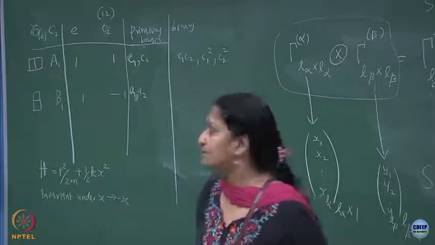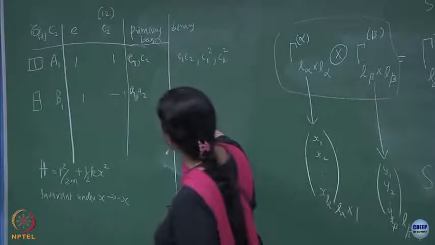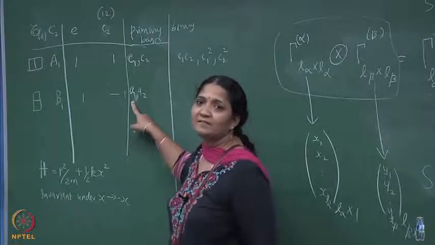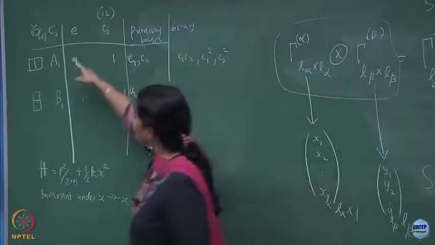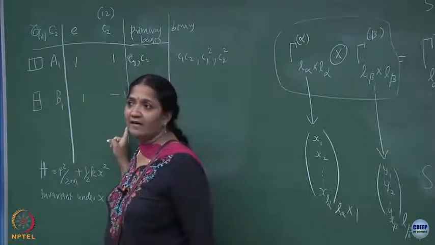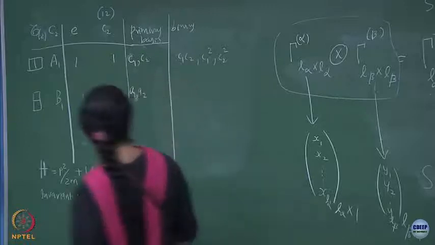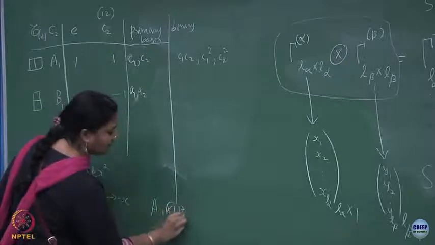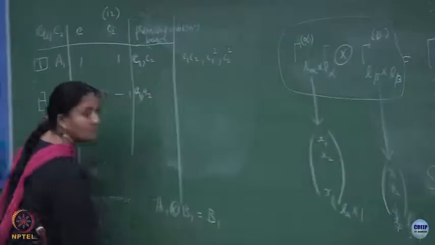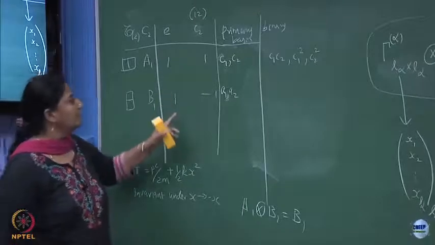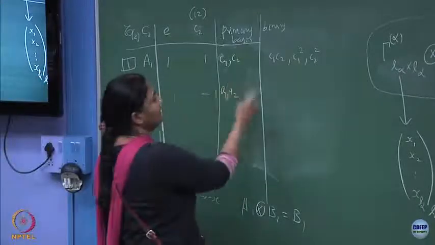binary basis. Similarly, if you come here, what will be the binary basis possible? We have already seen that A1 with B1 will give you B1, right? Did we see that? A1 with B1 is B1. Right. So, can you tell me what will be the basis?